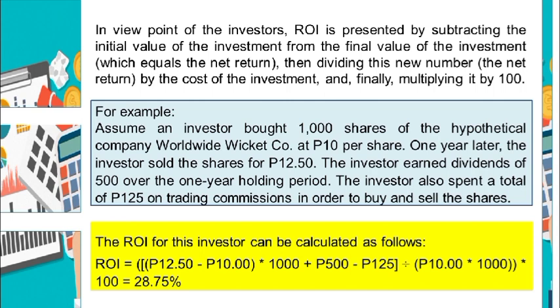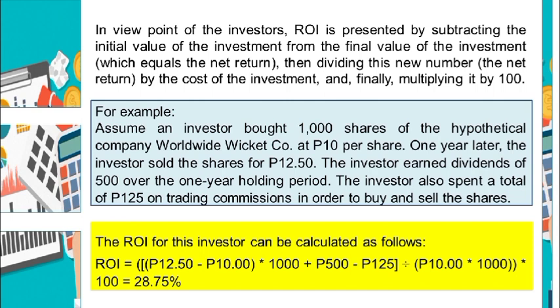To calculate the net returns, total returns and total costs must be considered. Total returns for a stock result from capital gains and dividends. Total costs would include the initial purchase price as well as the commissions paid. So in the calculation of the ROI for this problem, the gross capital gain before commissions from this trade is 12.50 minus 10 times 1,000.